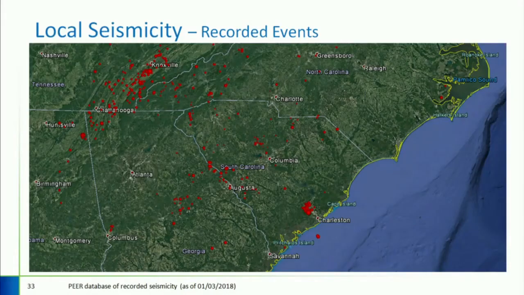This here is a list of every recorded earthquake as of January with a time history record. You notice there's a few in Charleston, but the highest one is 4.7. This magnitude scale is exponential, so a magnitude 7 is like 10,000 times larger than this event right here.